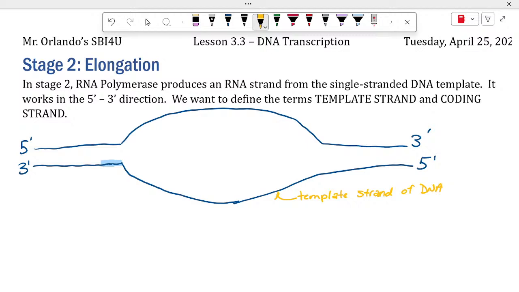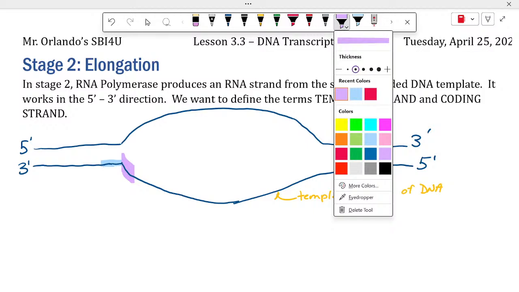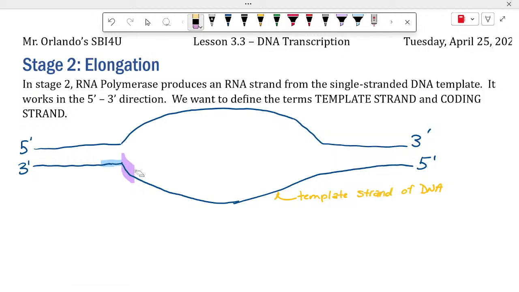And if that's the template, then it means that this section here of DNA is what's going to get copied. Does that make sense?